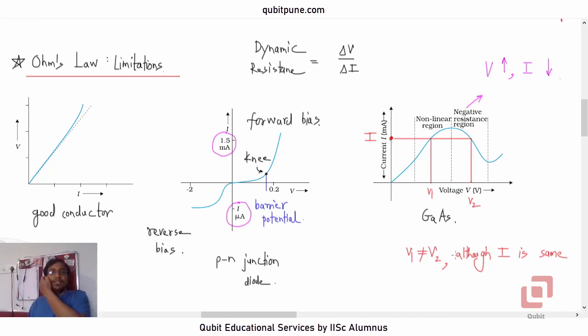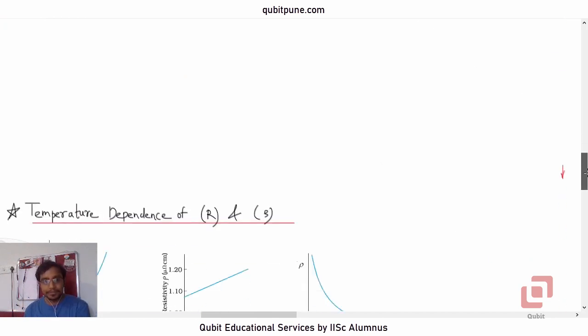In forward bias we could still say that with an increase in the voltage the current does increase, but here in the negative resistance region the current is decreasing with increase in the voltage. So Ohm's law is not applicable to all classes of electronic devices that we use, and even for good conductors, the relationship holds for smaller values of voltage. That was the main point.